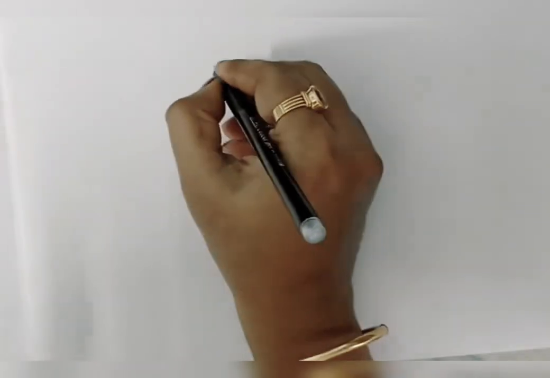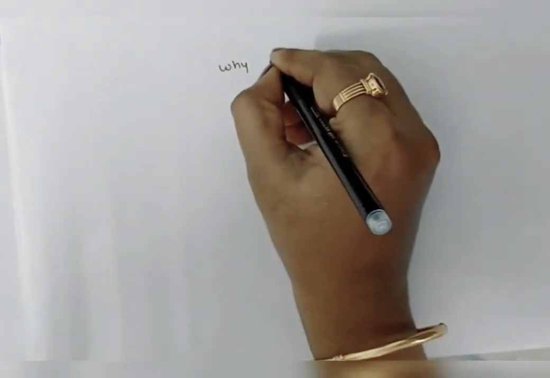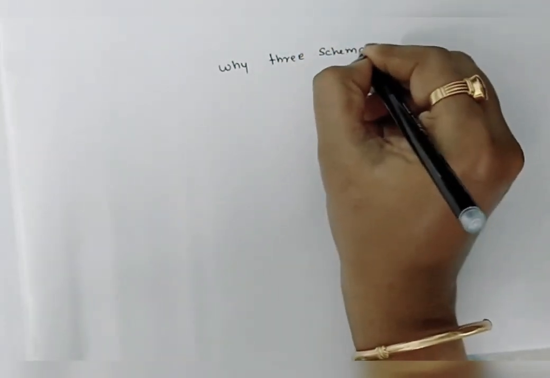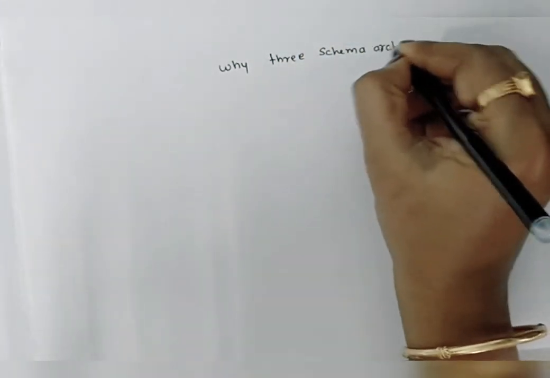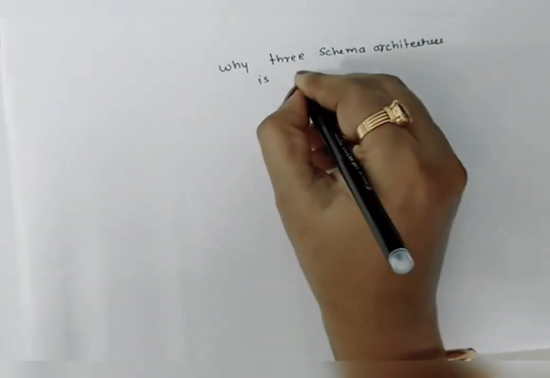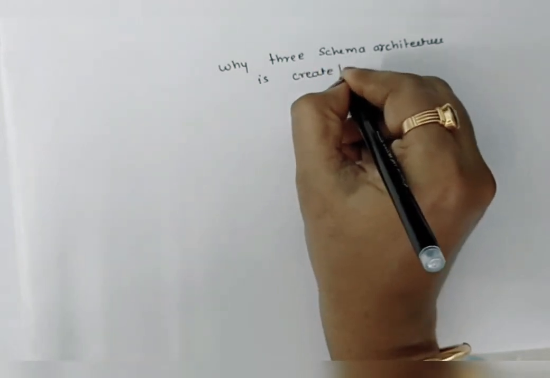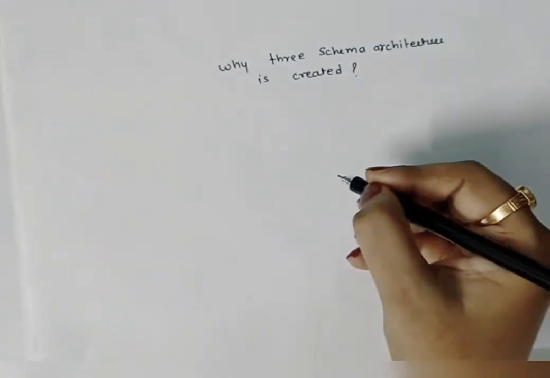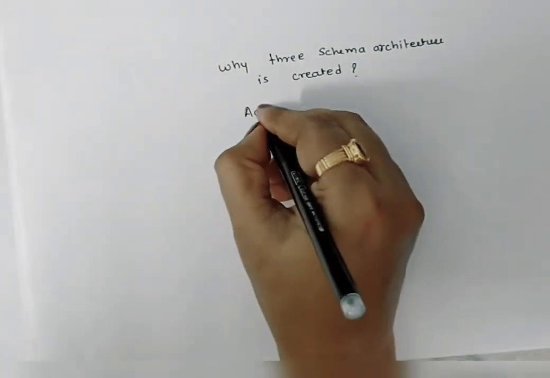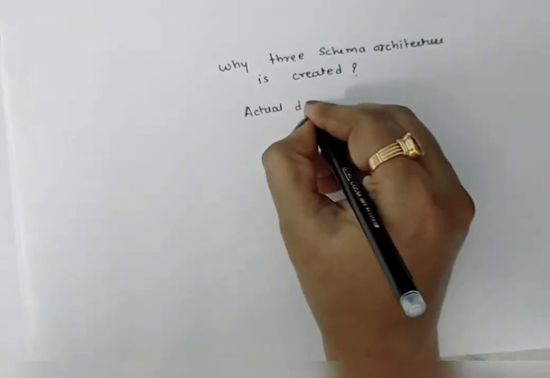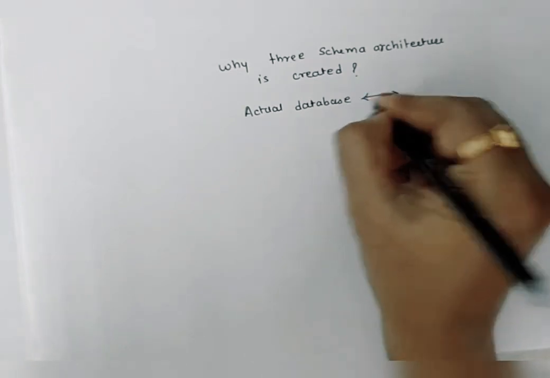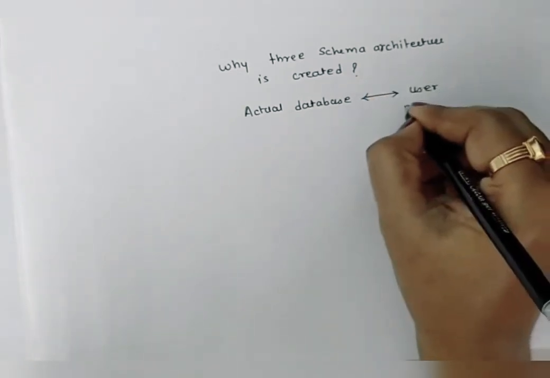Now we'll see why 3 schema architecture is created. This 3 schema architecture is created to keep actual data or actual database separate from user application.